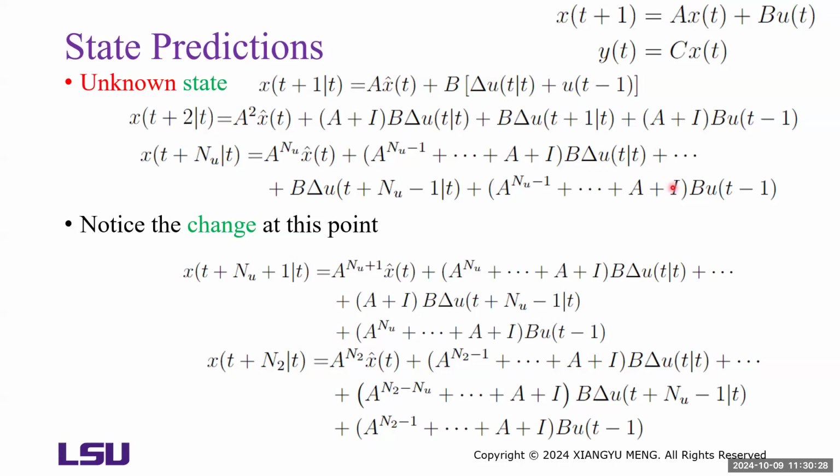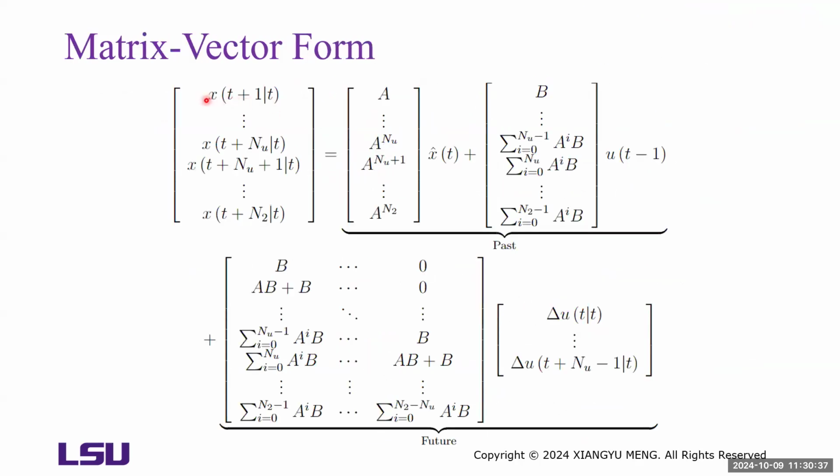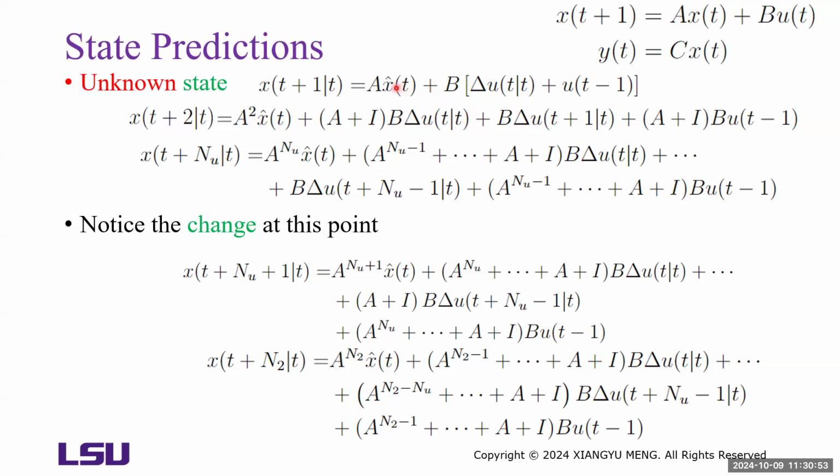Our next step is to write the prediction of the states in matrix form. In matrix form, we have x t plus 1 t, x t plus 2 t, x t plus nu t, x t plus nu plus 1 t, until x t plus n2 condition on t. For the x hat t, it will be the power of a.